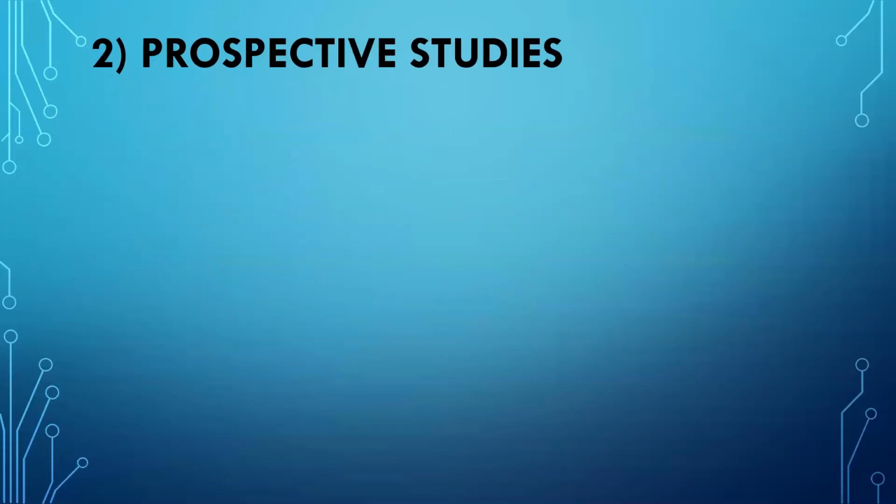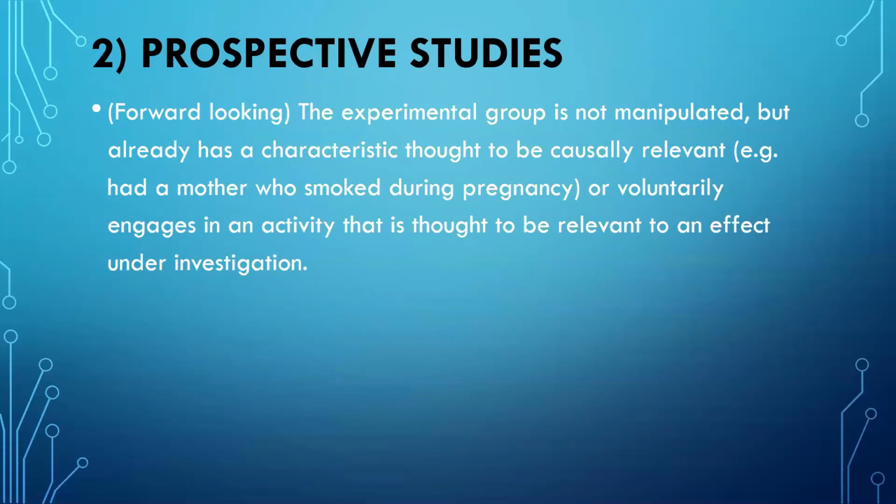The second type of controlled experiment to consider are prospective studies. Prospective studies are forward-looking. So here the experimental group is not manipulated, but already has a characteristic thought to be causally relevant. So for example, we want to look at mothers who smoke during pregnancy. So they've already done this, say, or they're already doing this.